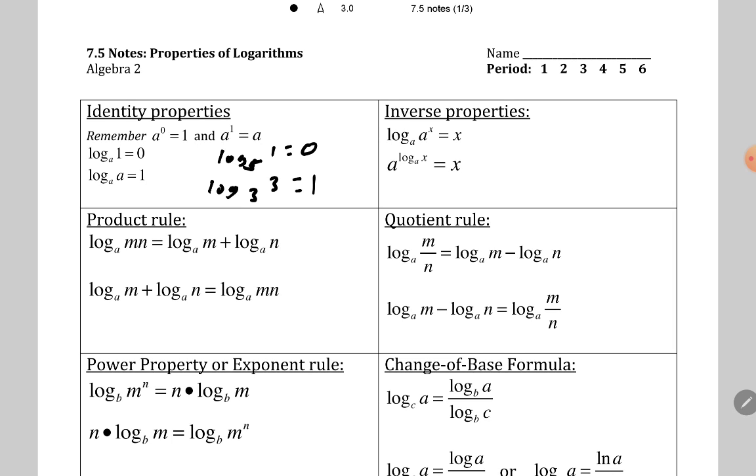Here we go. Inverse properties. So log base a of a to the x equals x. So if I have log base 7 of 7 to the 3, then that'll give me 3.